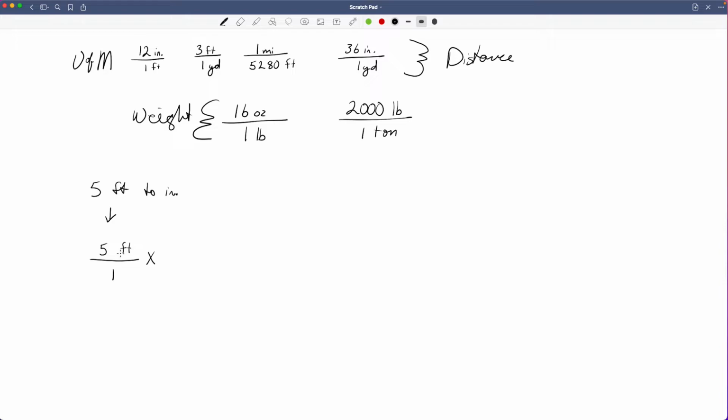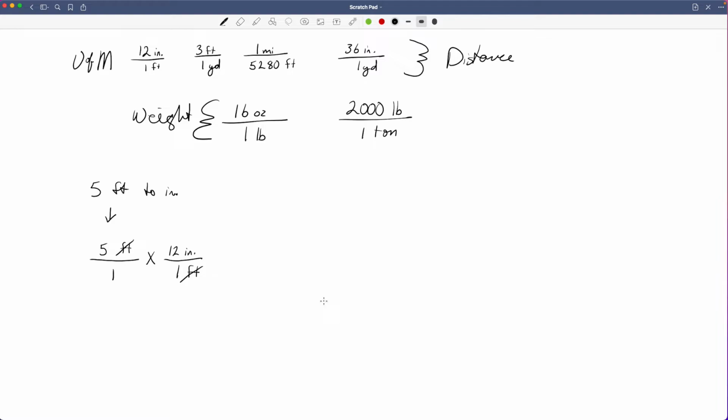And we know in order to cancel out feet and go to inches, in order to cancel something, we have to have one set on the top and one set on the bottom. So we have to put our unit of measure reference in place such that feet is on the bottom. So our unit of measure reference is that there are 12 inches in 1 foot. And now that we have foot on the bottom, we can treat it like a variable and we can cancel it out. We're factoring and canceling.